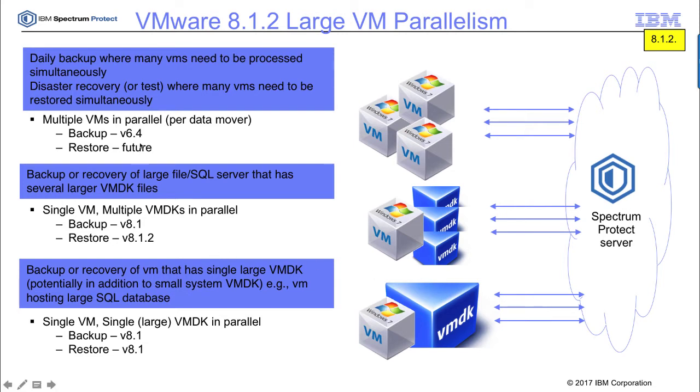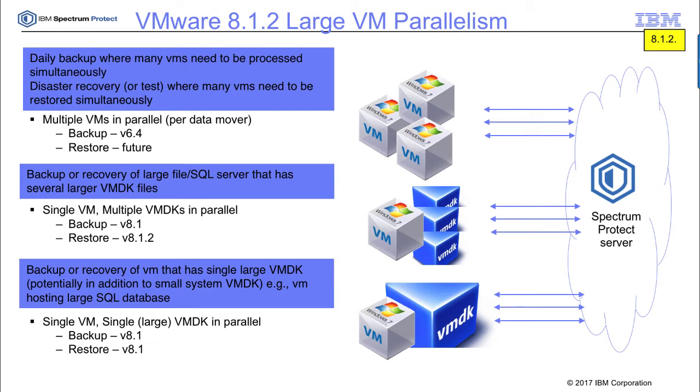So we always did do parallel backup support for multiple VMs in parallel. In version 8.1, we added backup support for a single VM with multiple VMDKs in parallel. And we also added multiple thread support for a single VM with a single large VMDK in parallel.